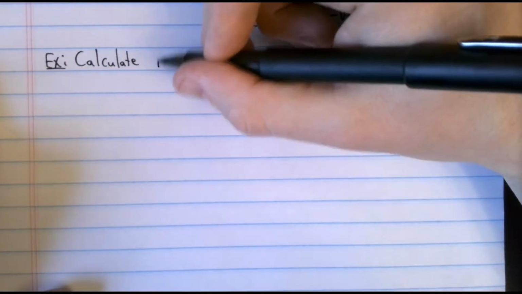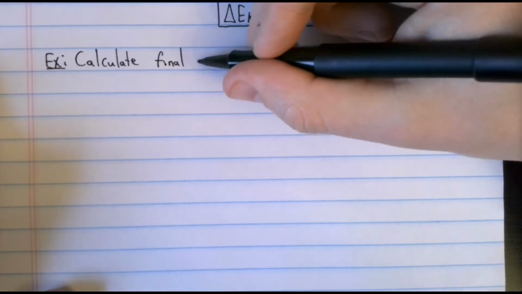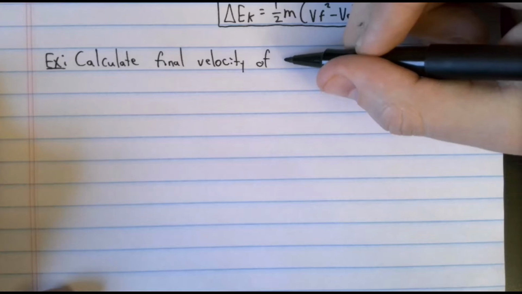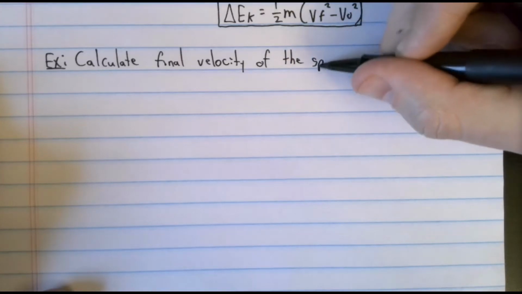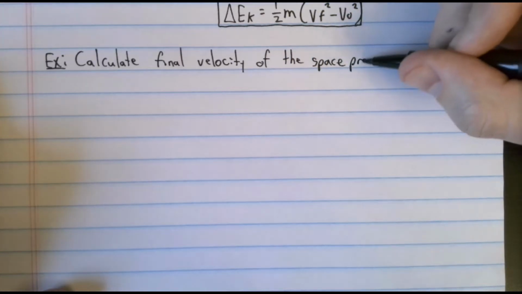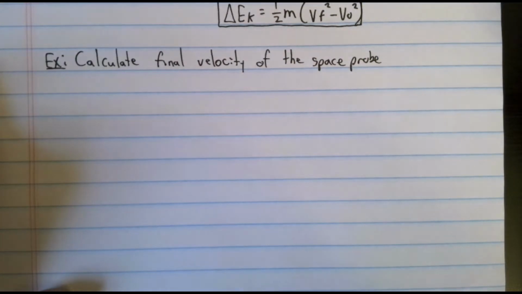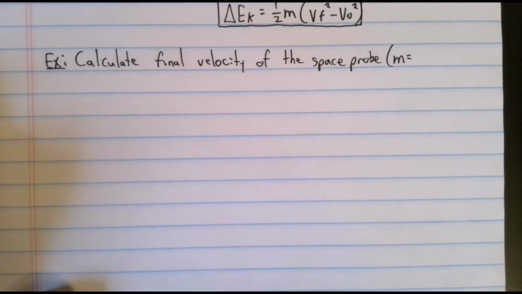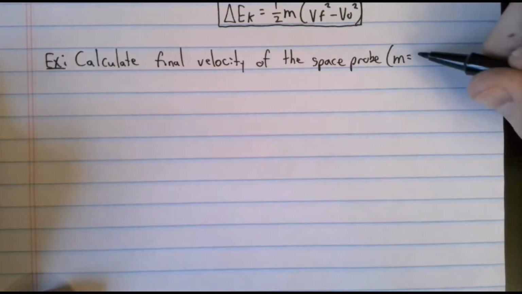We'll say final velocity, just to keep things consistent. Calculate final velocity of the space probe. I'll also write the mass of the space probe right here. It'll be 474, I think. Yes, 474.